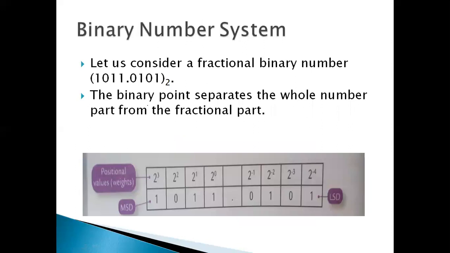Then let us go through the binary number system. So let us consider a fractional binary number 1011.0101 base 2. We already know what a binary number is. You can go through our previous videos if you don't know what is a binary number. So the binary point separates the whole number part from the fractional part.